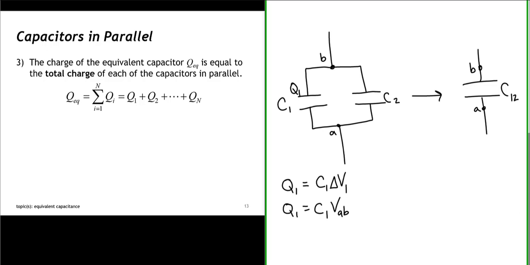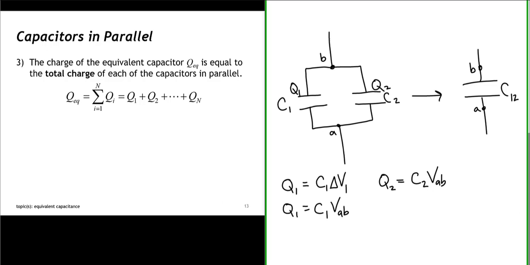Capacitor 2 will have an amount of charge equal to the product of its capacitance times the potential difference from A to B. So if the capacitances are different, then the charges on each of the capacitors will be different. The charge on capacitor 2 is equal to Q2.